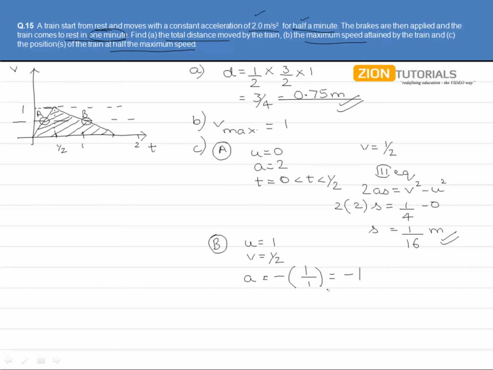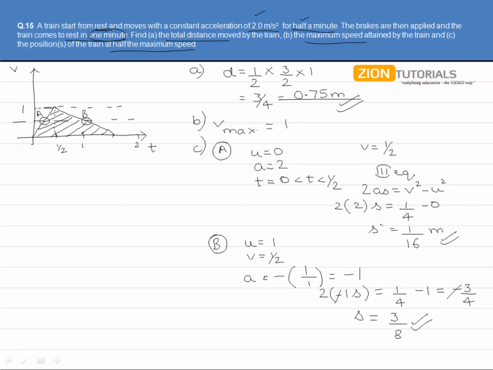So again, employing the third equation of motion, we have 2 into minus 1 times s equals 1 by 4 minus 1, that is minus 3 by 4. Cancelling the minus sign over here, we get s equals 3 over 8.